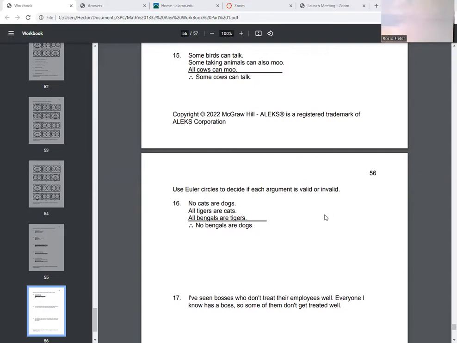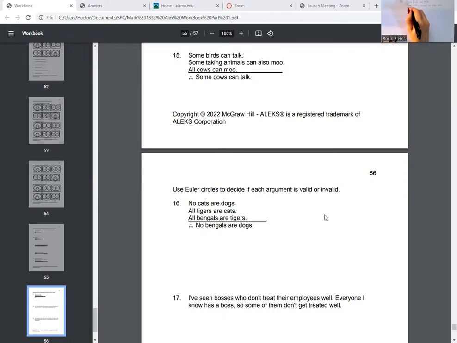So 15, it says some birds can talk. Some talking animals can also move, like the cows, right? Some talking animals can also move. All cows can move.